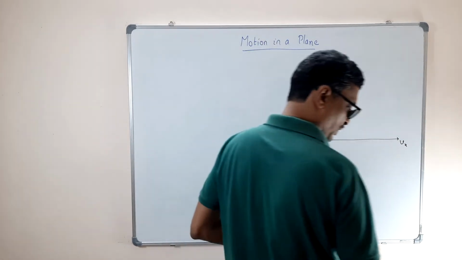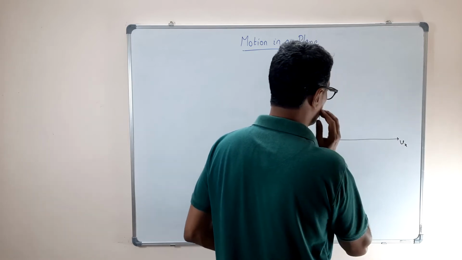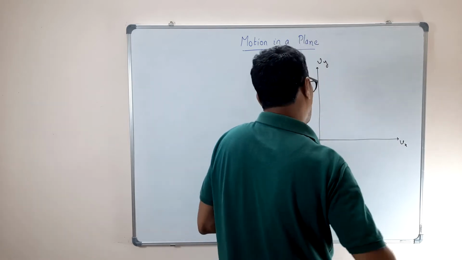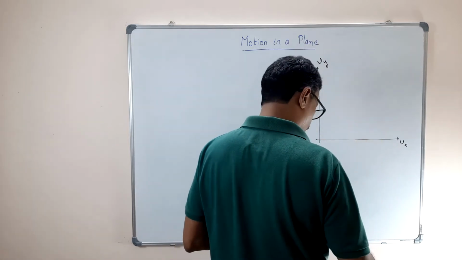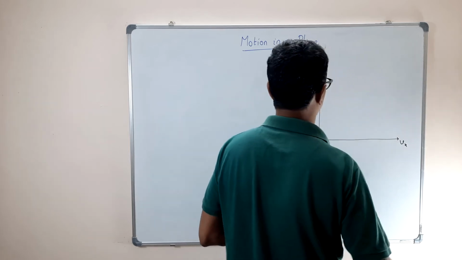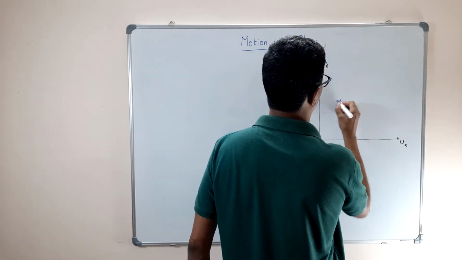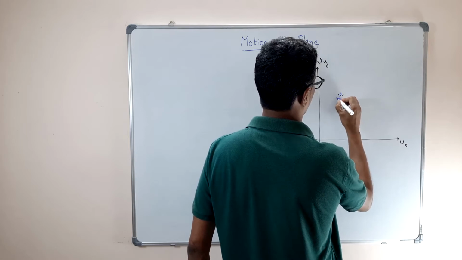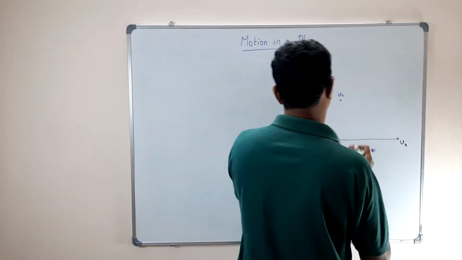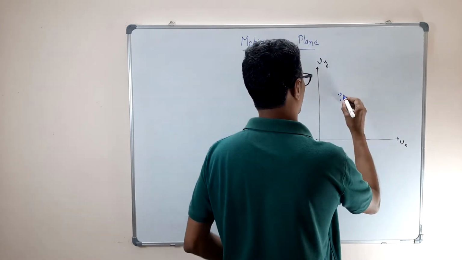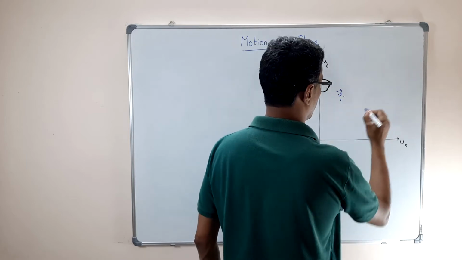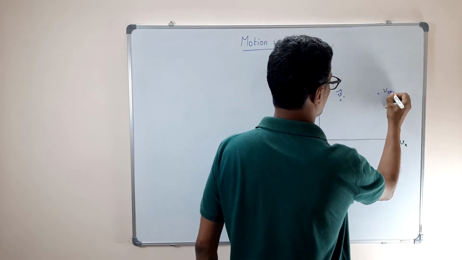Let me define a velocity at a certain point, v1 vector, and then another velocity, v2 vector.